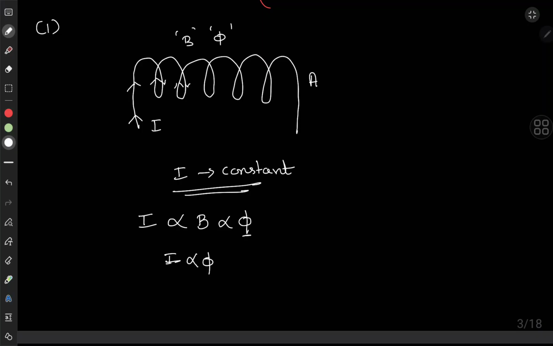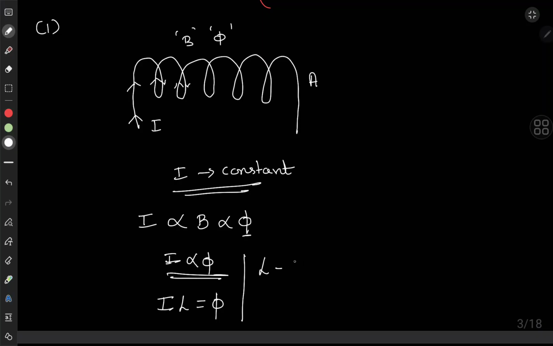Whatever the current is, proportional to that the flux is linked to this coil. Now to remove this proportionality, we include a constant: L I is equal to phi.